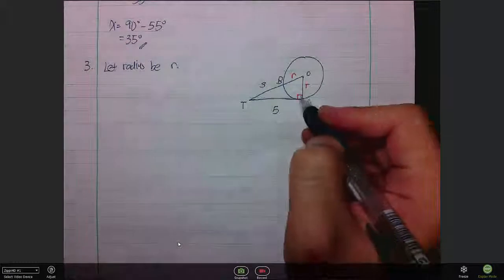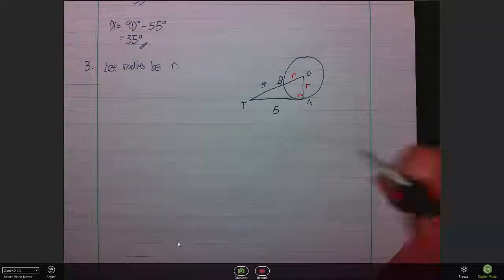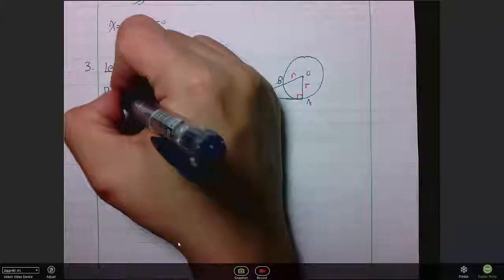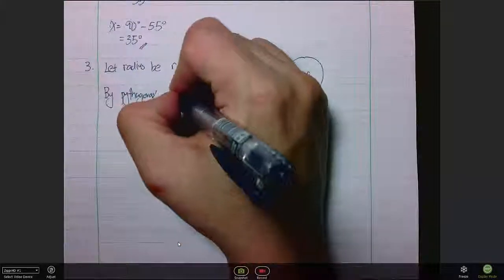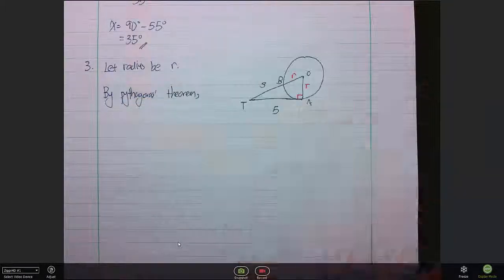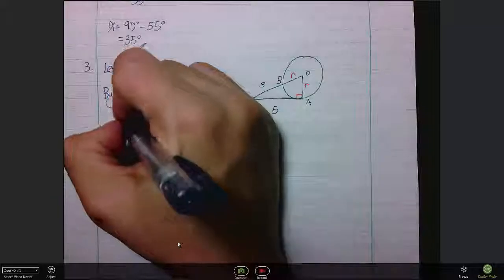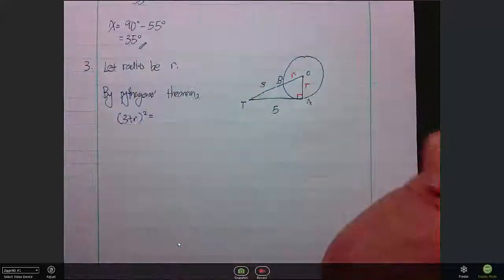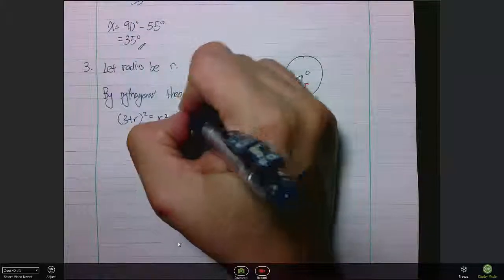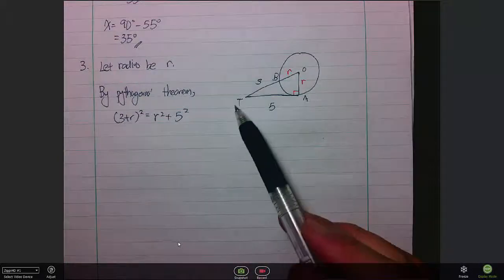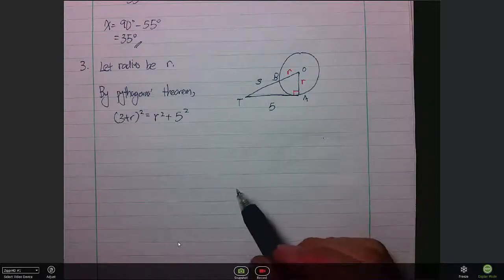Then we know that it's a 90 degrees, a right angle triangle, so we can apply Pythagoras' theorem. By Pythagoras' theorem, OT square, which is (3 plus R) square, is equal to R square plus 5 square. C square equals A square plus B square. Now we start to solve this equation.